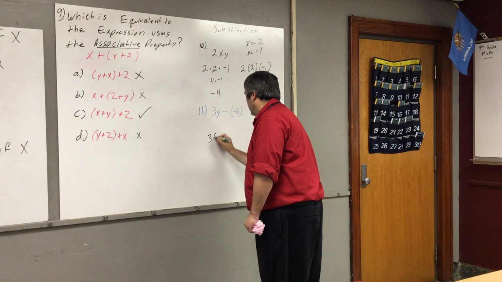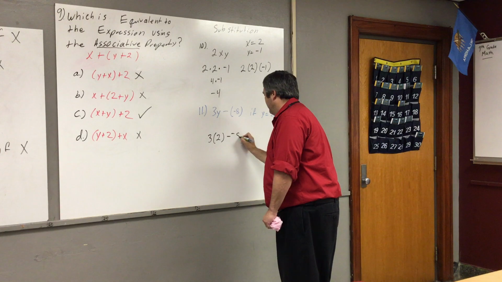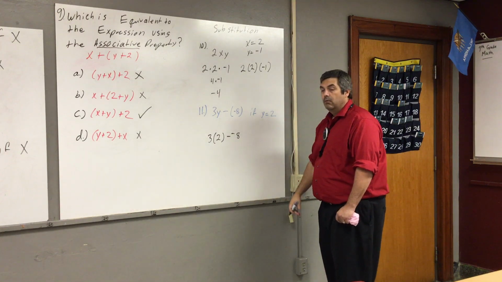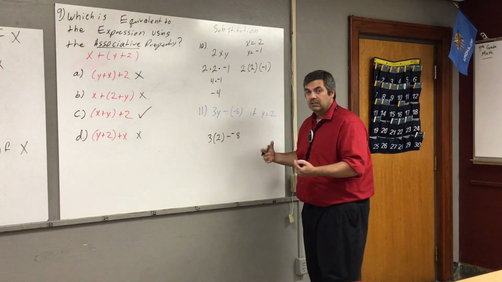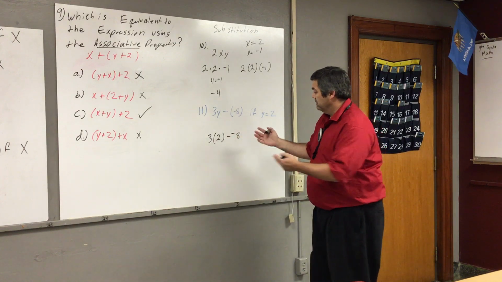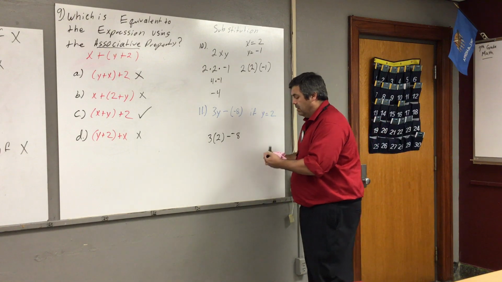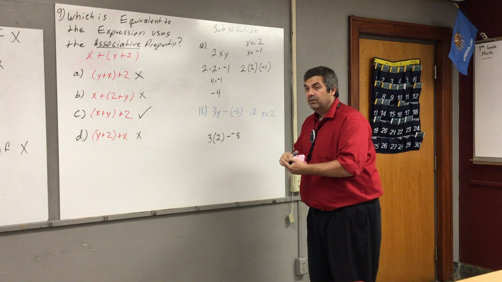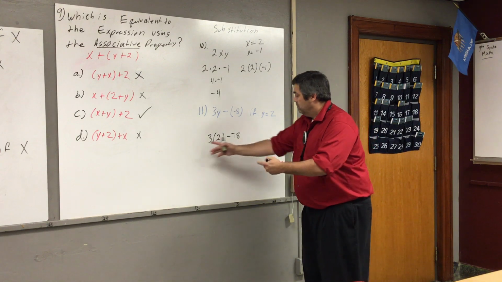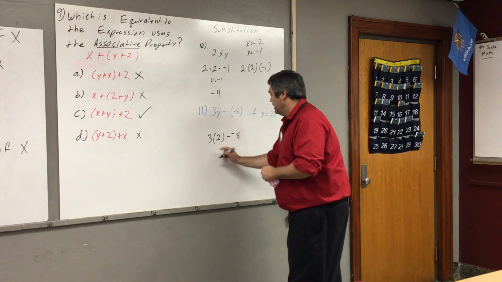So 3 times 2 minus negative 8, okay? Order of operations, grouping symbols first, but there's nothing inside there. Then exponents, there is no exponent. Watch out because there are on your test, so pay attention to those, okay? Then multiplication or division from left to right. Well, from left to right, there's my first multiplication problem. We're going to do that.